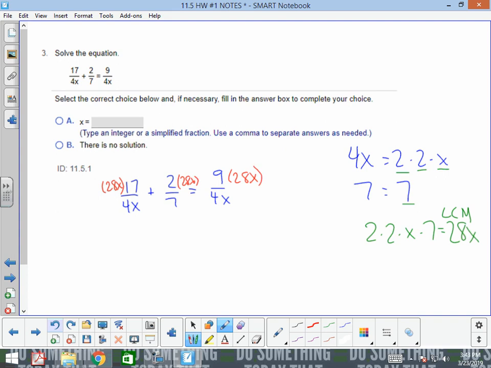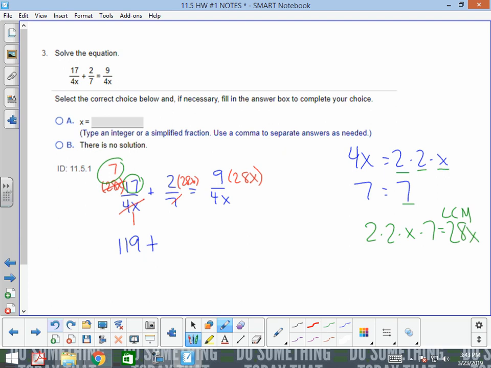All right, so I'm not going to multiply 28x times 17 because I'm trying to reduce this. I want this 4x to become a 1. So 4x goes into 4x once. 28 divided by 4x is 7. And now I'm going to multiply 7 times 17, which is 119. Plus, go to the next one.